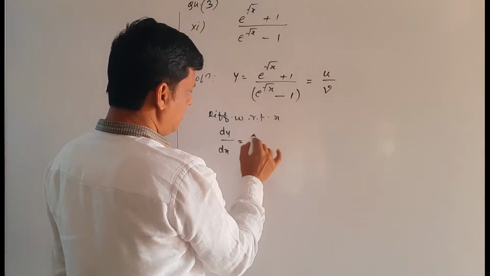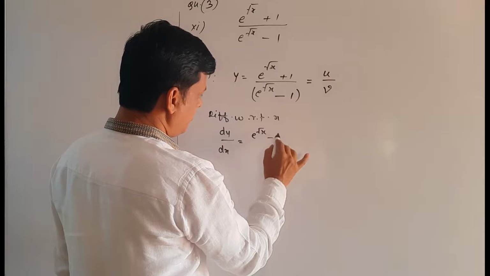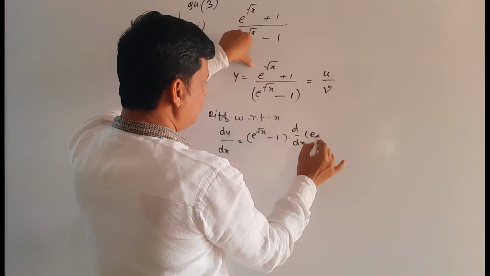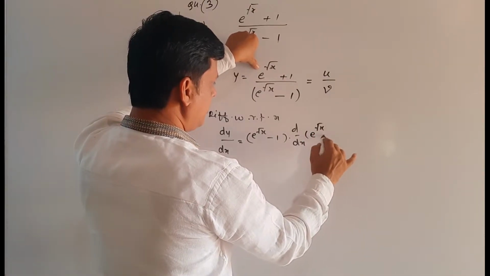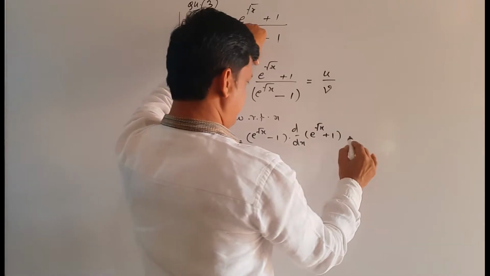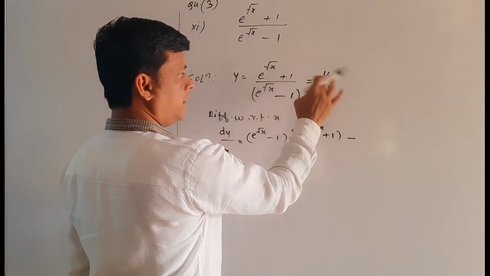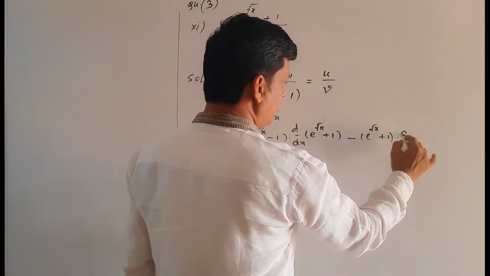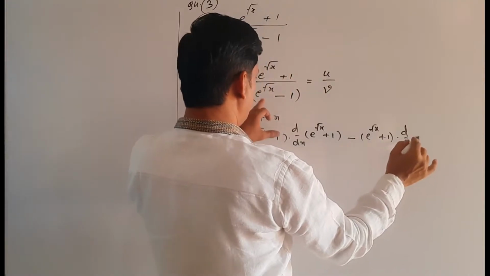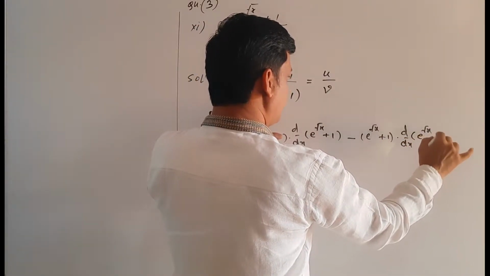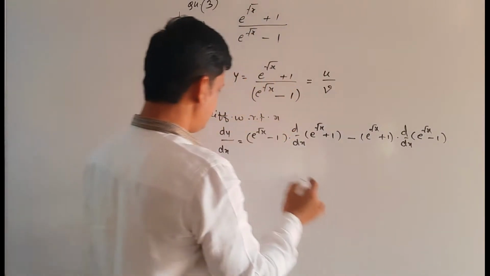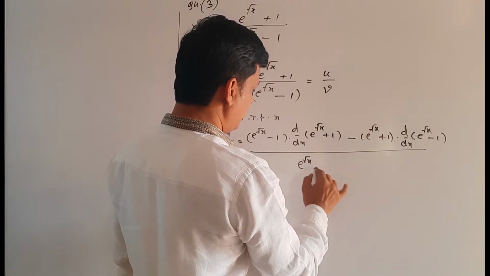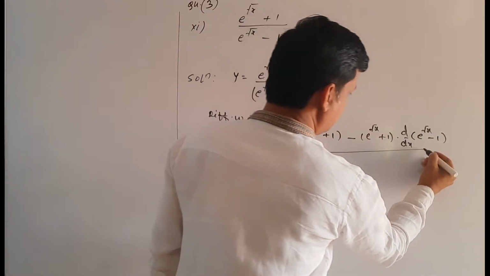So we write e raised to the power root x minus 1 into d by dx of u, that is e raised to the power root x plus 1, minus u into, that is e raised to the power root x plus 1, into the derivative of v, that is the derivative of e raised to the power root x minus 1, upon v square. So we write e raised to the power root x minus 1, its bracket square.